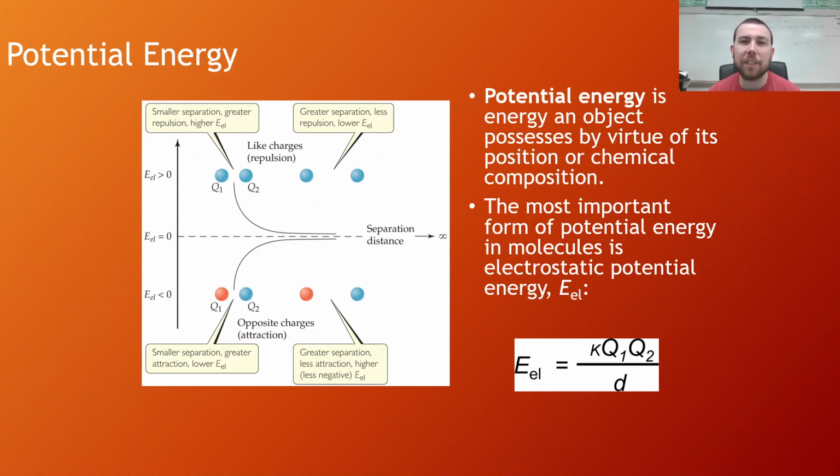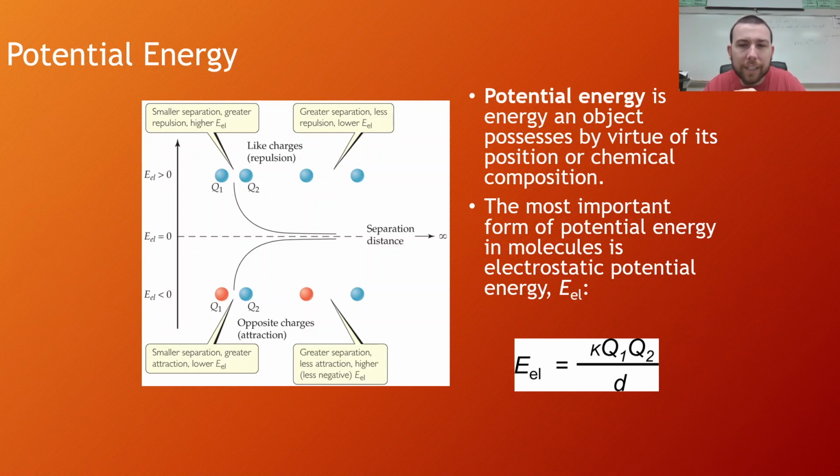Potential energy is essentially the energy an object possesses by virtue of either its position or its chemical composition. Essentially it's the energy that's been stored within the object. From a chemistry standpoint, the chemical composition is certainly important, but the most important form of potential energy is electrostatic potential energy.